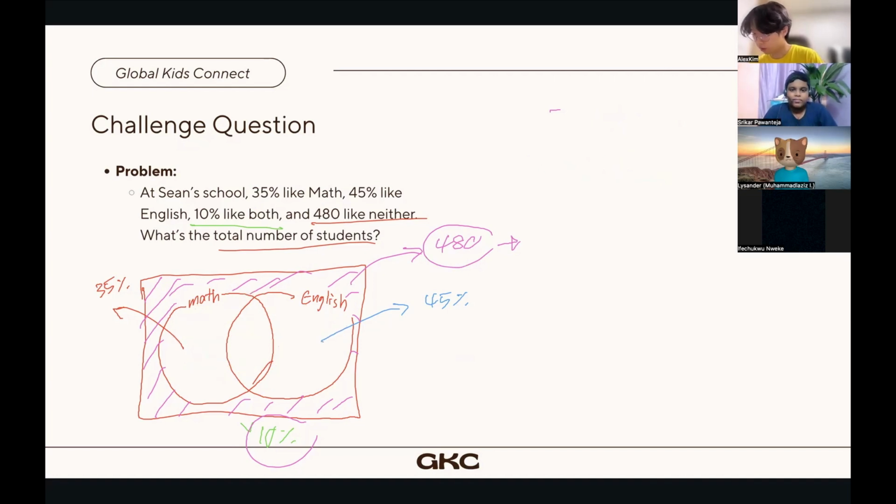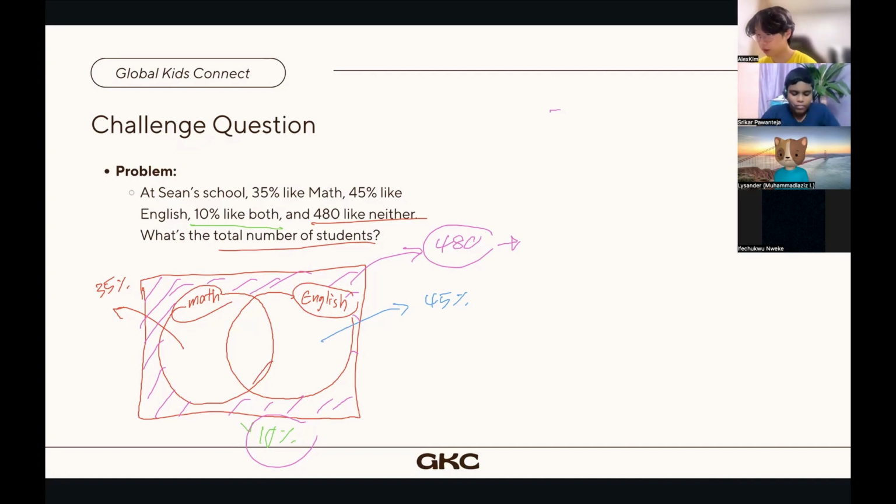If we come back to the diagram that we drew, the Venn diagram, we draw a circle for students who enjoy mathematics, and another circle for students that enjoy English. And then there are also students that enjoy both, which is the overlapping area in the middle.